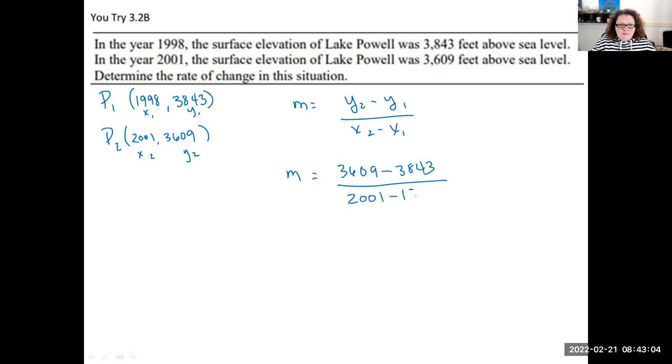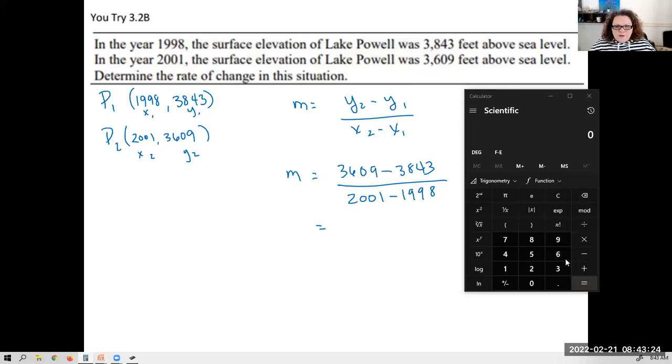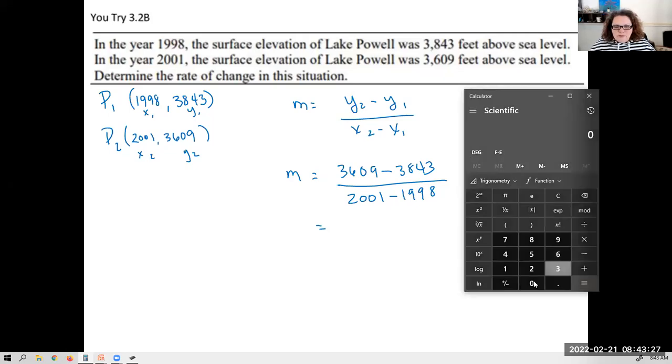minus 1998. All right, this one I don't remember. I'm going to go to my calculator. Hold on just a second. All right, so 3609 minus 3843 is equal to negative 234.